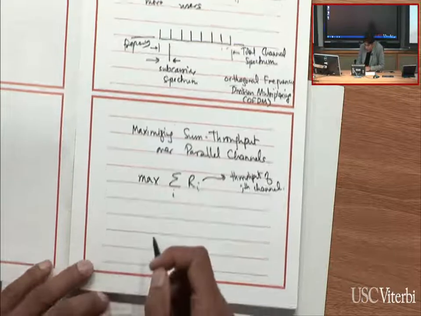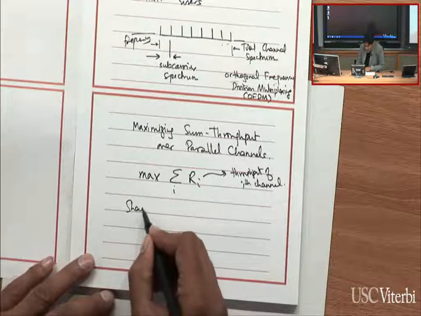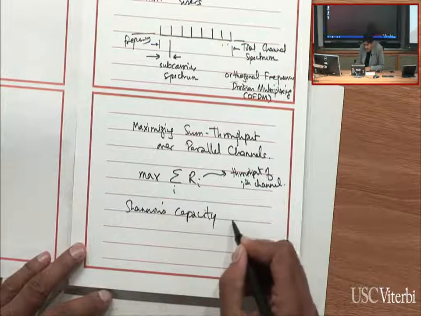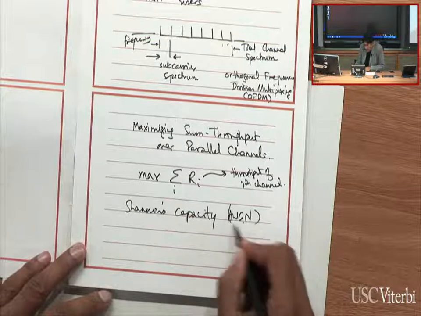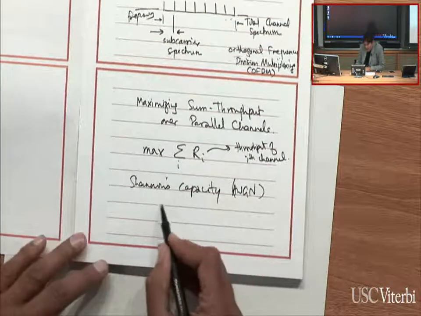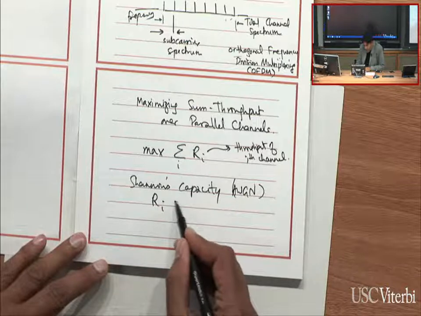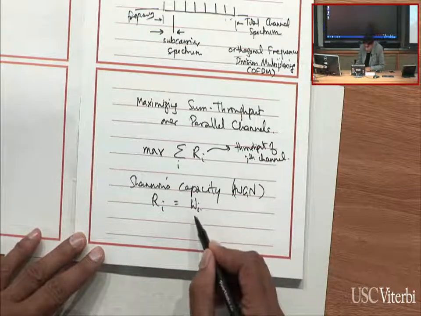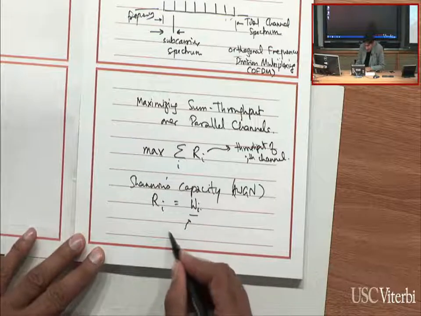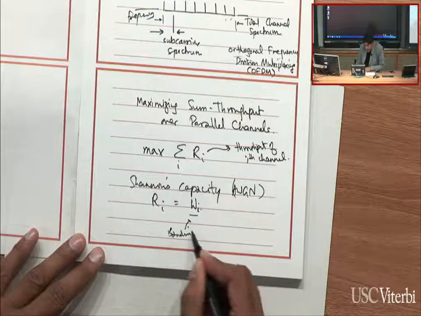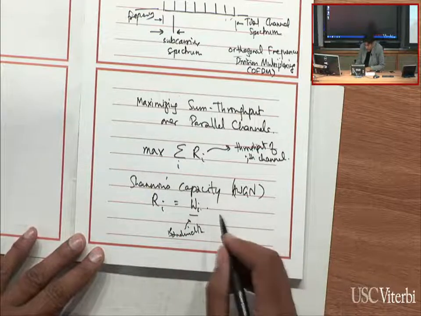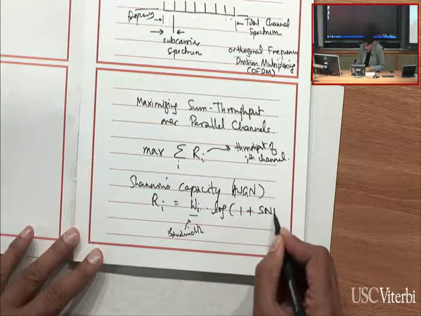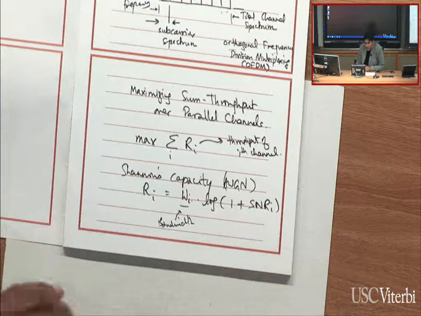Because we know from, for example, Shannon's capacity, right? This is in additive white Gaussian noise channels, that the rate on any given channel is going to be something to do with the bandwidth of that channel times log of 1 plus SNR on that channel.